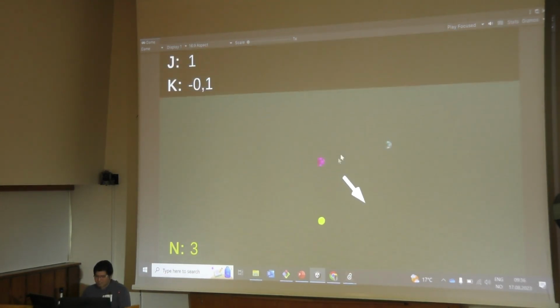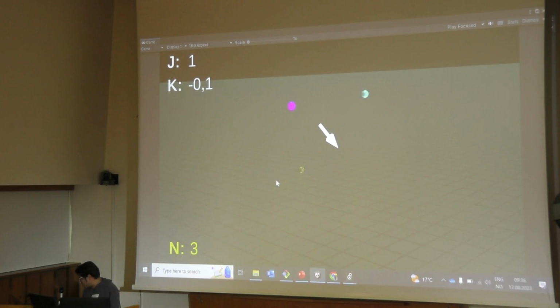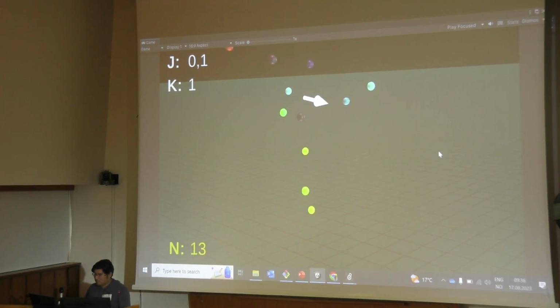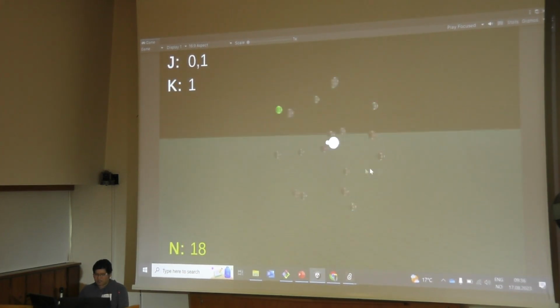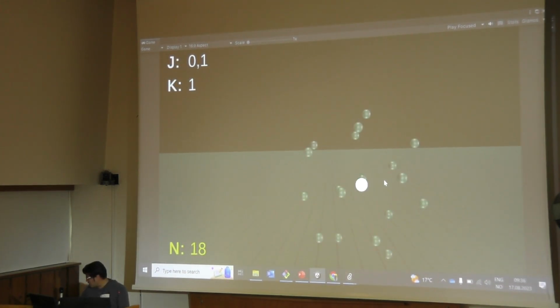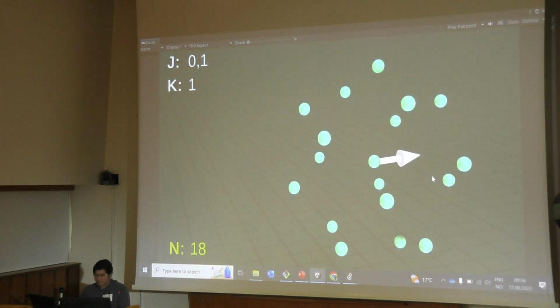Okay, so this is a simulation of the Swarmalators in a 3D space. We have now 3 that are unsynchronized, so we can actually add more of them. So in this specific pattern, we have full synchronization, as you can see. Yeah.